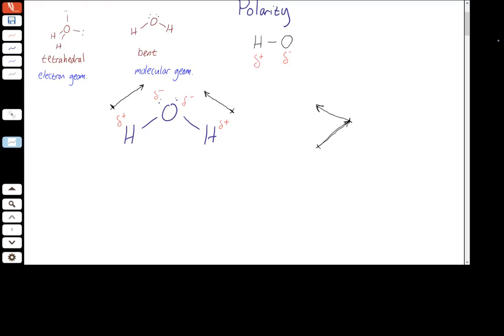So then the sum of the two vectors goes from the tail of the first one to the head of the last one. And we call that our overall molecular dipole. So the overall polarity of the molecule is given by the sum of the vectors for the polarities for the individual bonds.